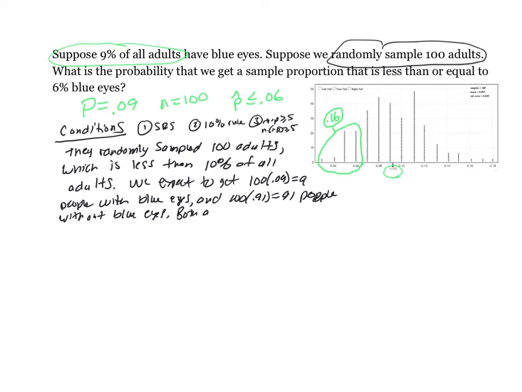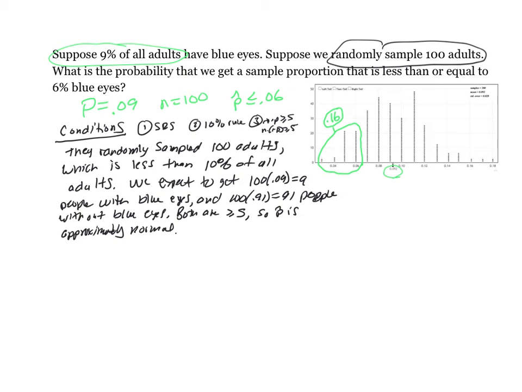Both are greater than or equal to 5, so p hat is approximately normal. Okay, so I just basically spelled out the three conditions, and I showed why they were true.